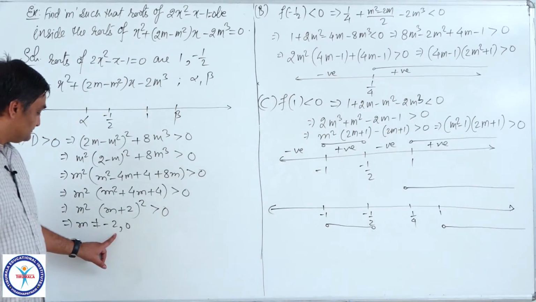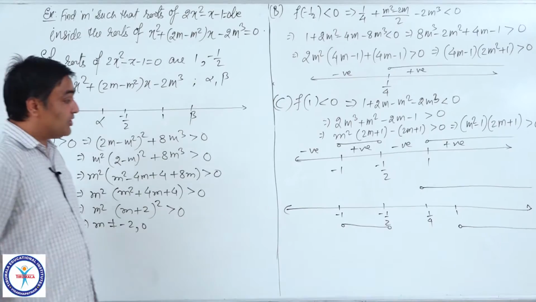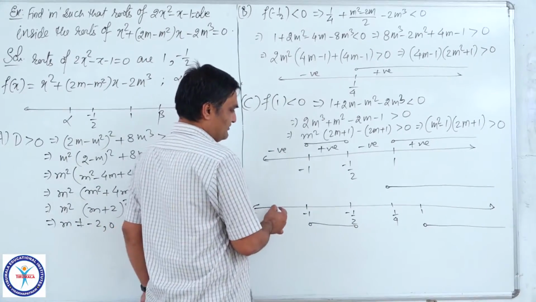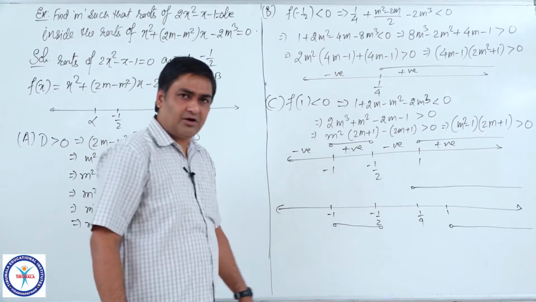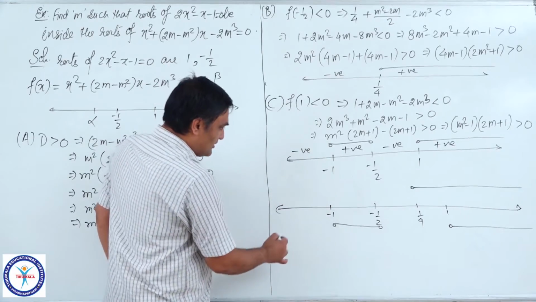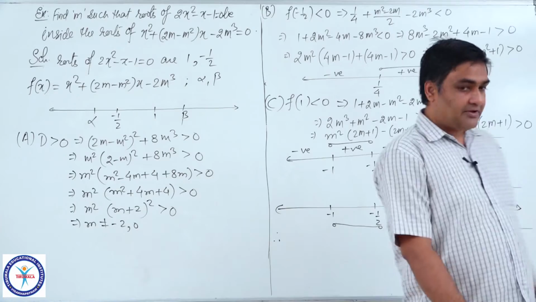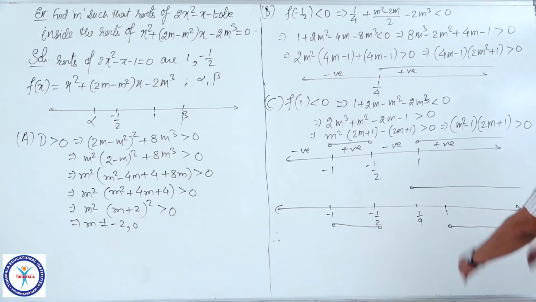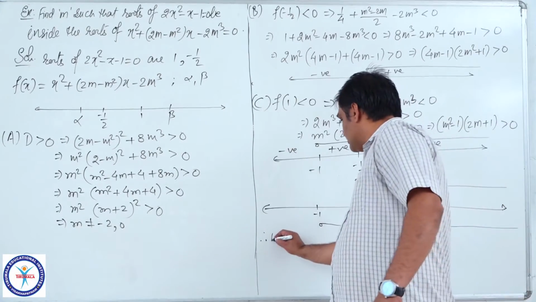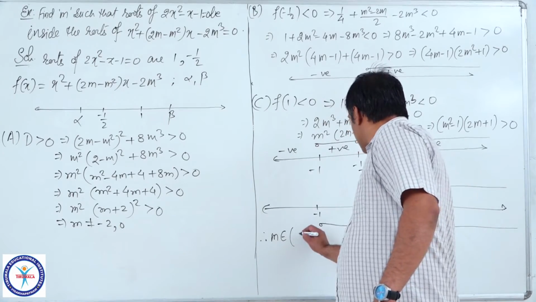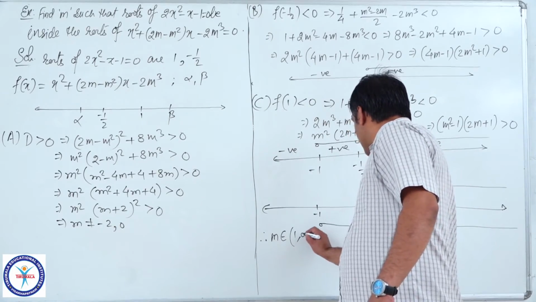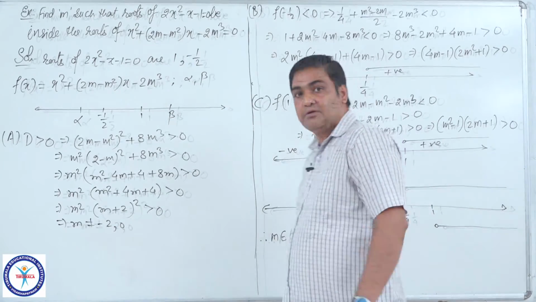And also m should not be equal to minus 2 and 0. Okay, that is not in the common region also. So therefore, we can visualize the common region of m as this. m belongs to 1 comma infinity.